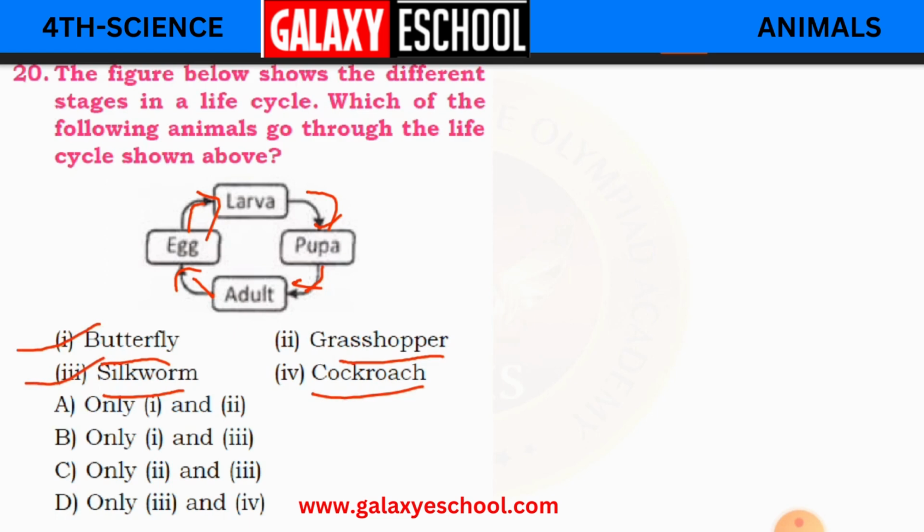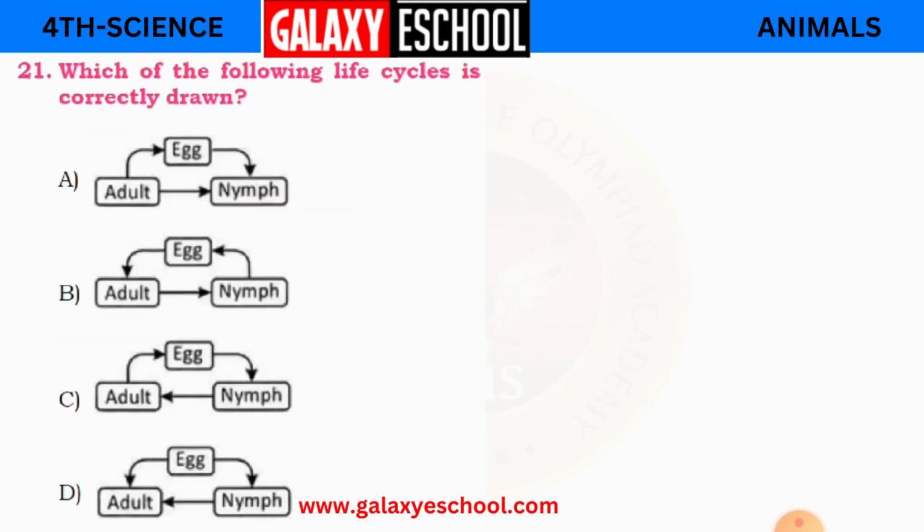That is B option, only 1 and 3. So these insects are going to undergo 4 stages of life cycle as it is there in our picture. Clear, children? Okay, now we'll go with the 21st and the last question of today.